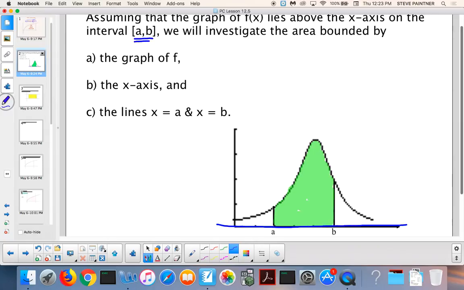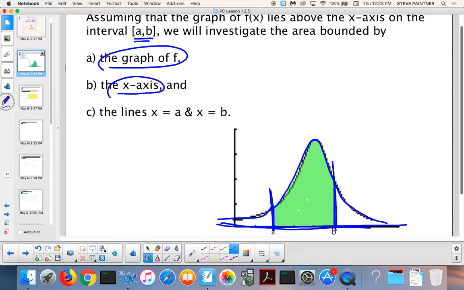So to the right of a and to the left of b, we will investigate the area bounded by the graph of f of x, that's this right here, all of this, the x-axis, and the lines x equals a and x equals b. These a and b are called the interval.